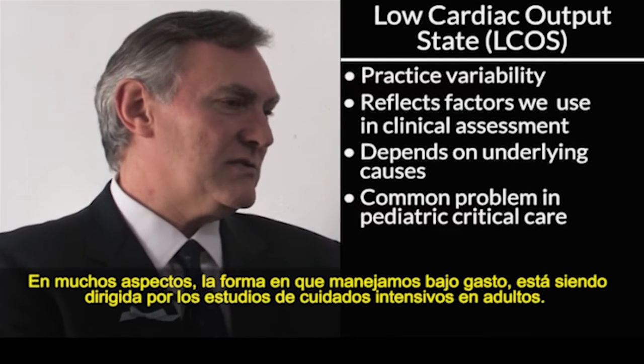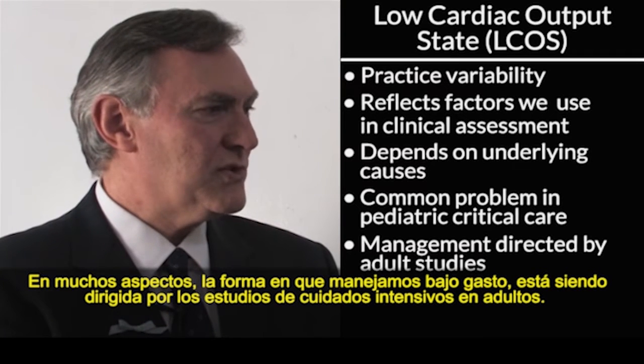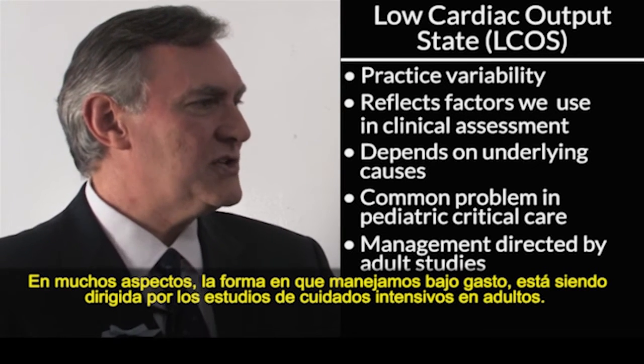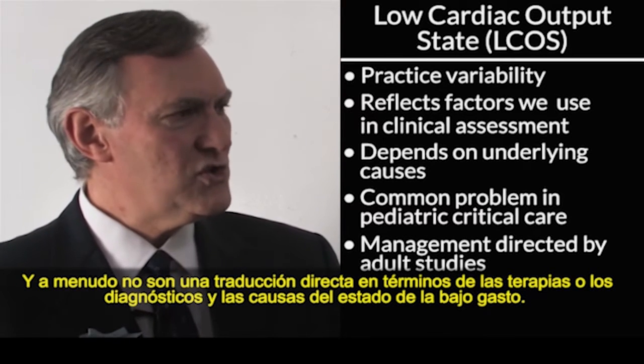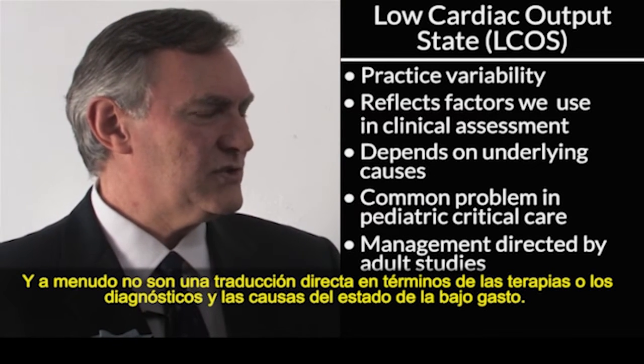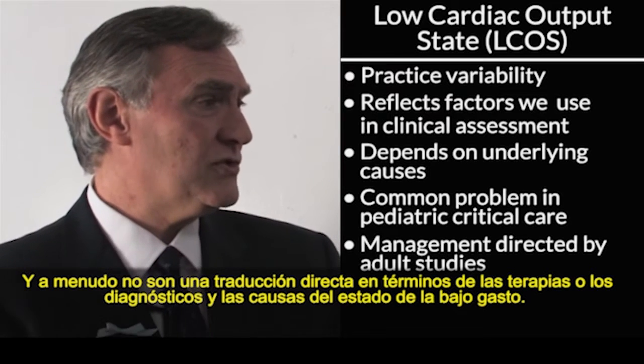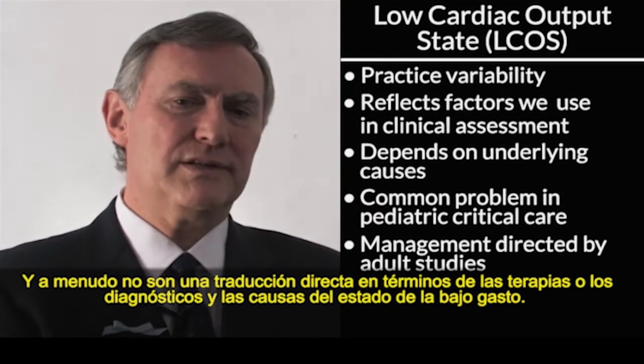In many respects, the way in which we manage low output is being directed by studies in adult critical care. And there is often not a direct translation in terms of the therapies or the diagnoses and the causes of low output state.